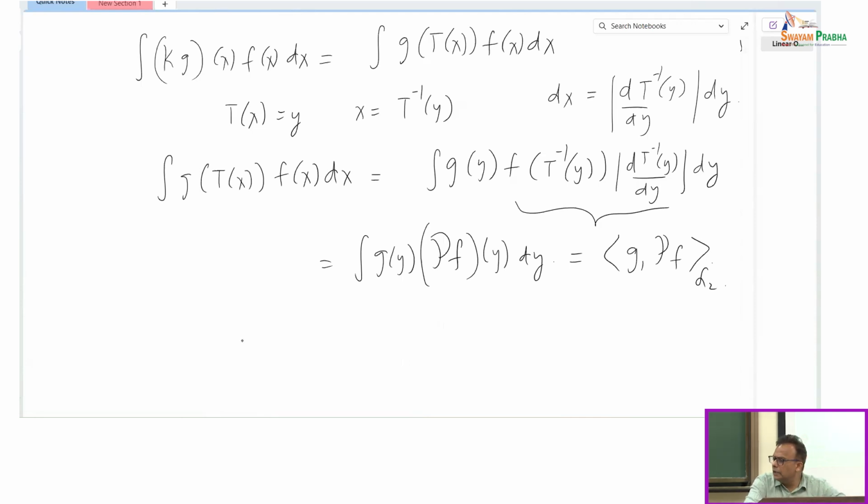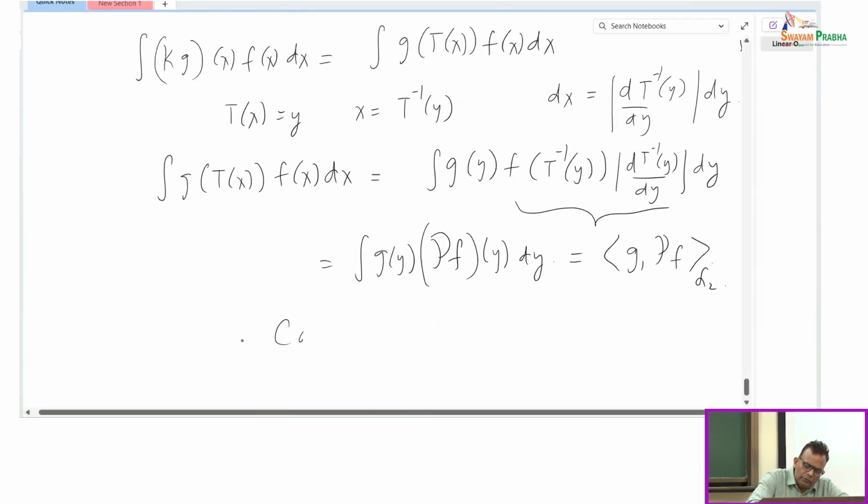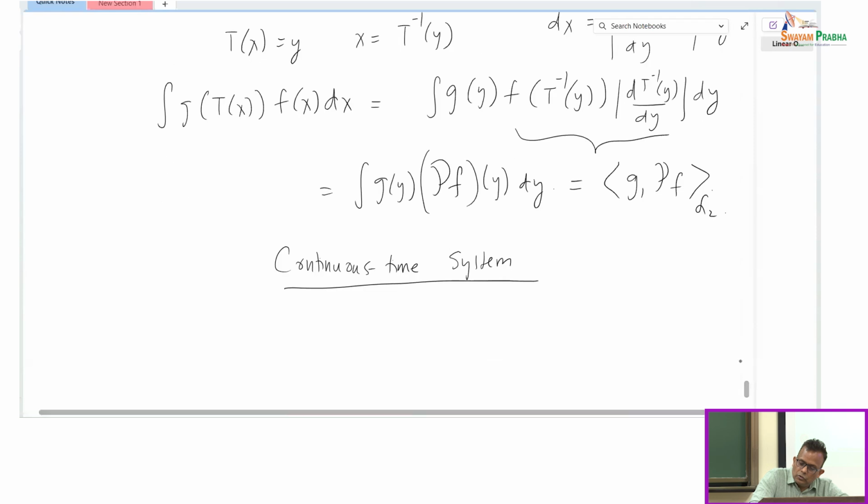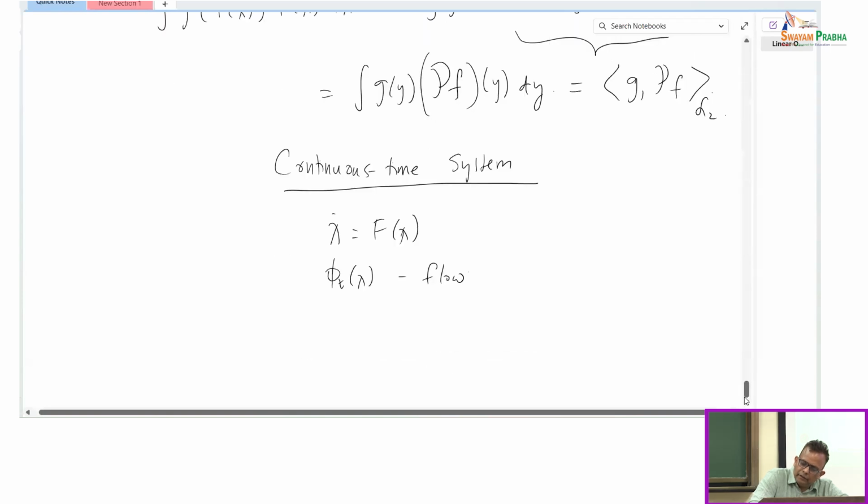So let's see in continuous time. For continuous time, we have x dot equals f of x. Again, we have this flow phi t of x, the solution, right?